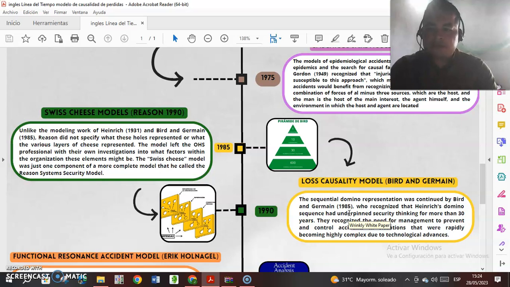The model left professionals with their own investigation into what factors within the organization these elements would be. The Swiss cheese model was a component of a more complete model that they call the Reason system safety model.